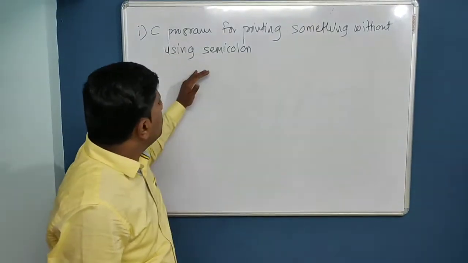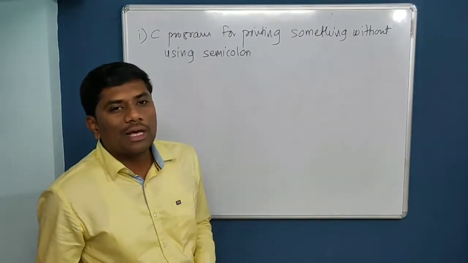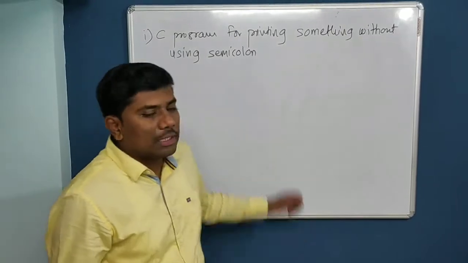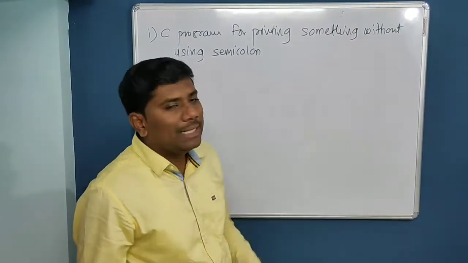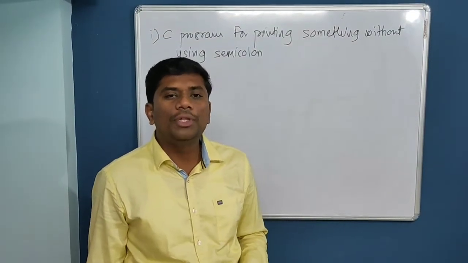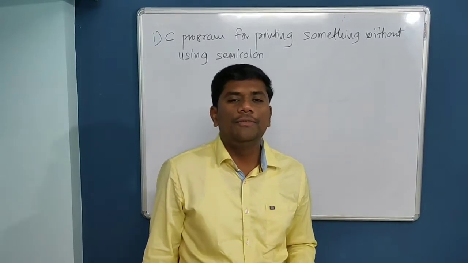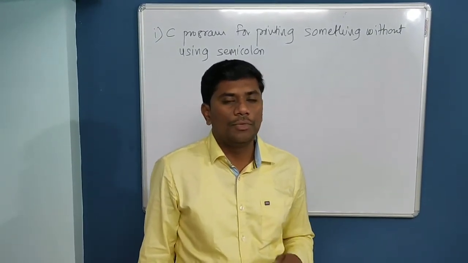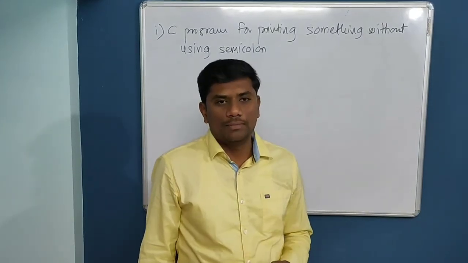A very important question based on C language: the interviewers ask, write a C program for printing something without using a semicolon. It is very difficult to write this program without using a semicolon. But see, the answer is very simple.